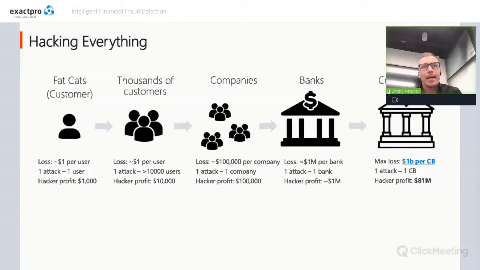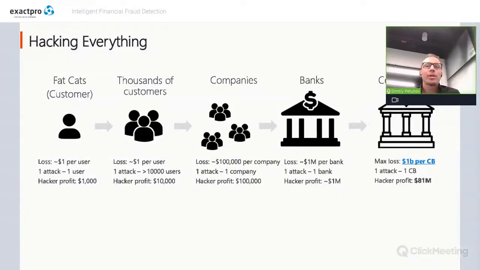First of all, because hackers are very inventive guys, and they are always inventing something new. At the beginning, they tried to steal money from wealthy clients. It was quite a large amount of money, something about thousands of dollars per victim, but it was quickly scalable.